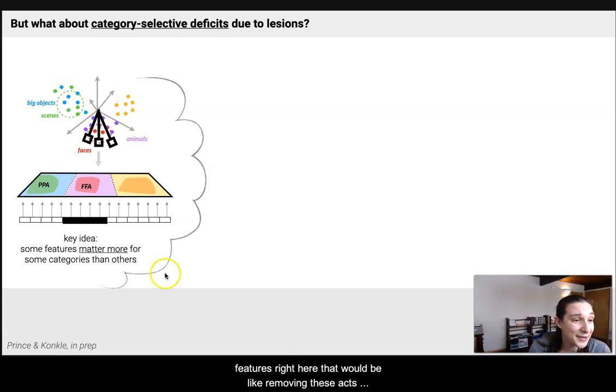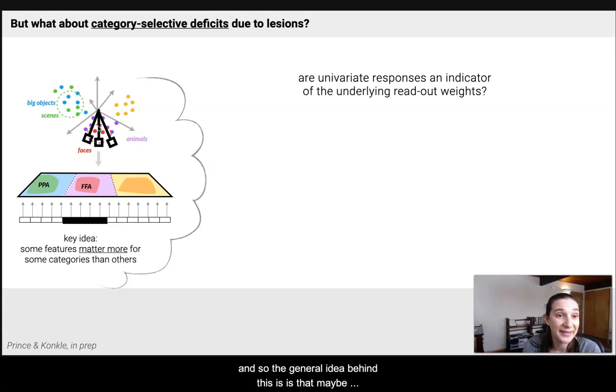So if we were to lesion these features right here, that would be like removing these axes from the space. Now, if those ones were particularly useful for separating out faces from all the other categories, then it would be much harder to read out those categories. And so the general idea is that maybe the univariate responses are actually an indicator of the underlying readout, that high responses are actually signaling the information. And so we tested this.